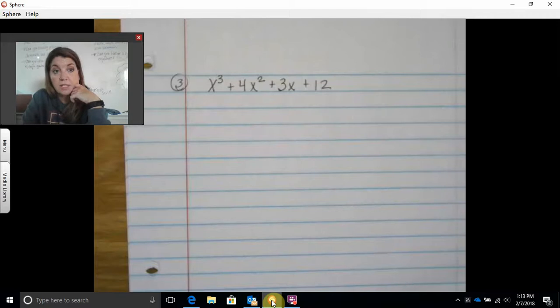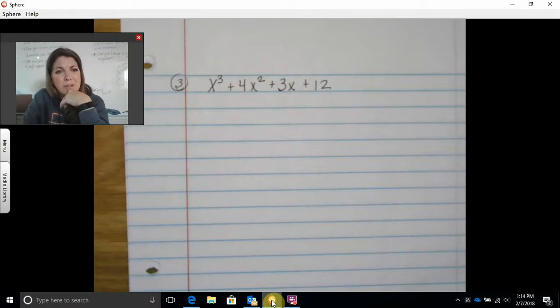No. Is it a difference of cubes? No. Is it a sum of cubes? Is it a perfect cube plus a perfect cube? No. Sum of cubes is going to be two terms. One's a perfect cube, the other one's a perfect cube. And there's a plus in the middle, right? When you see four terms, there's no way it could be sum of cubes, or difference of cubes, or difference of squares.